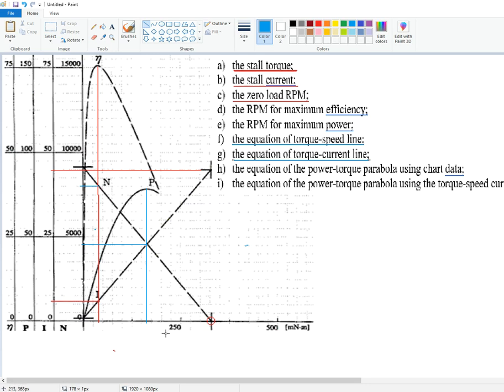If you have the torque-speed curve, then you know that, and this is mechanical power, by the way, not electrical power, so you can go back and forth between torque and power via omega, or RPM.